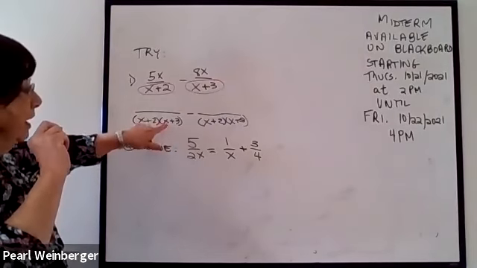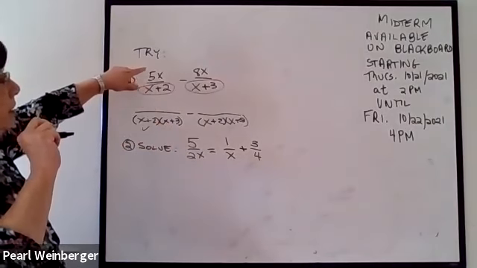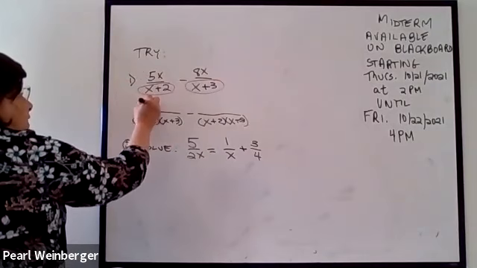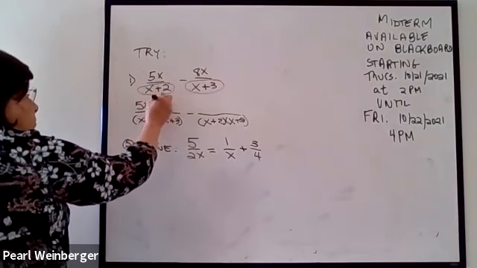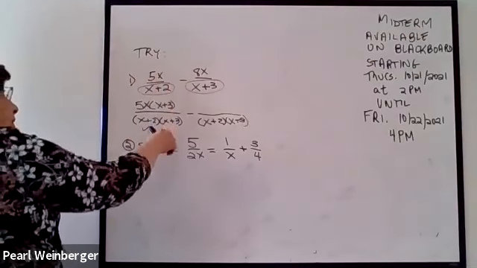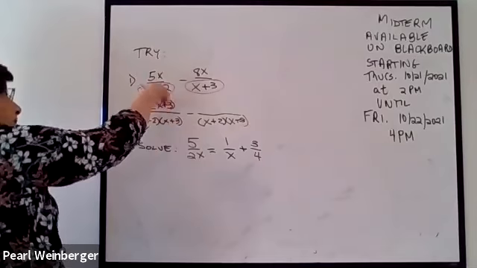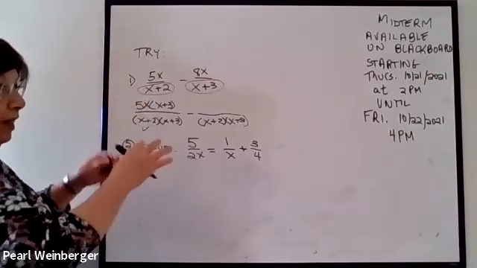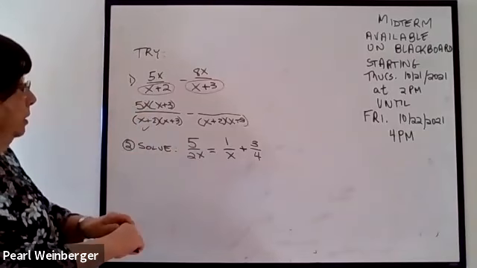That's what I have to multiply this numerator by. In other words, I'm going to have to take this 5x and multiply it by x plus 3. In other words, I put an x plus 3 in the bottom, I've got to put the same x plus 3 on the top to keep the fraction the same value.